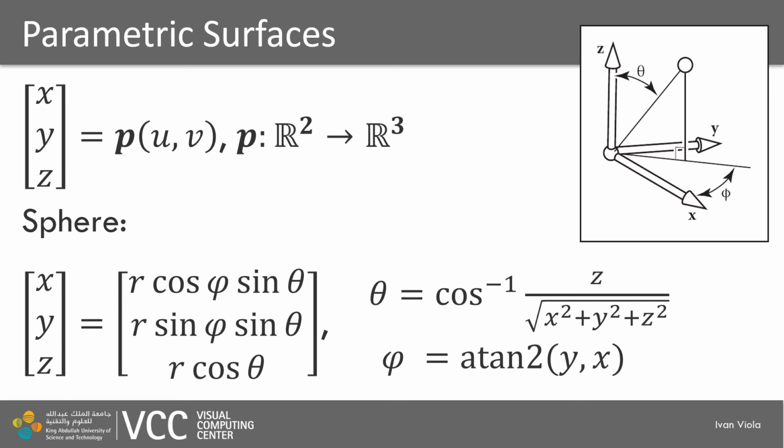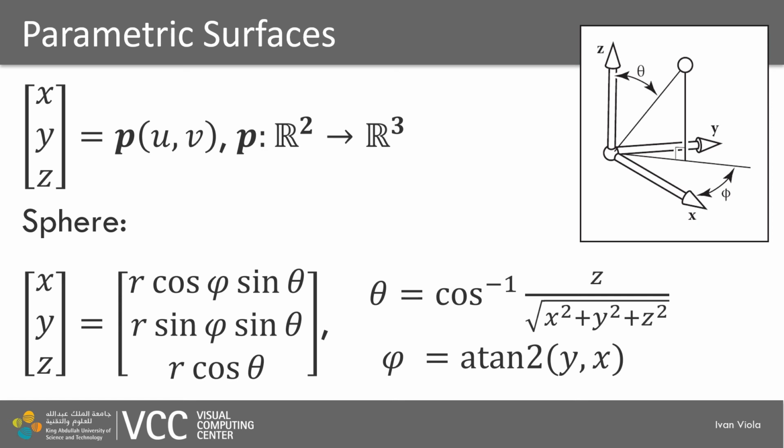Such a parametric surface representation will therefore go from R2 to R3. The input will be 2 parameter values, and the output will be a corresponding point in 3D. Let's have a look at a parametric representation of a sphere.